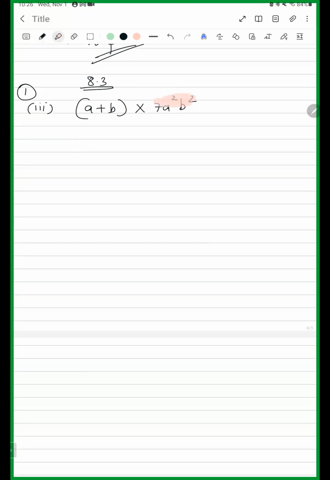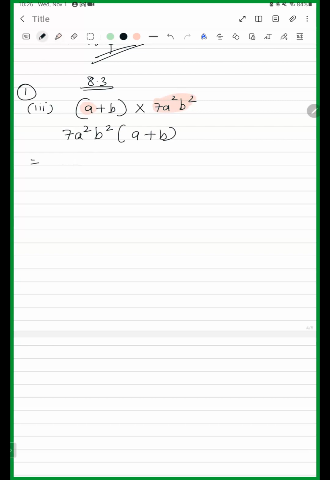7a square b square multiplied by a plus b. What will it become? 7a raised to the power 3 plus 7b raised to the power 3. Okay, wait.